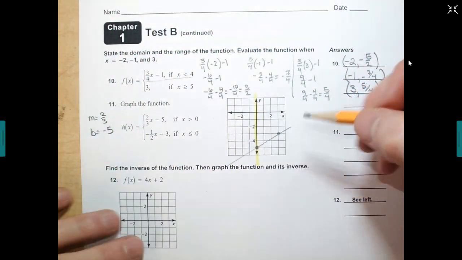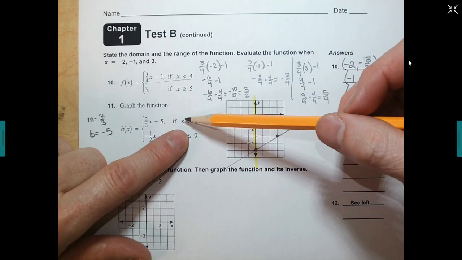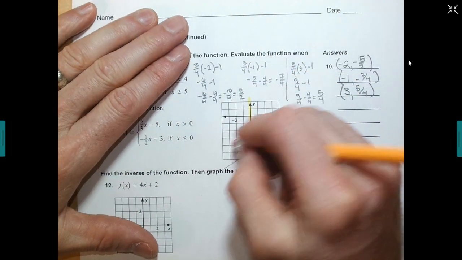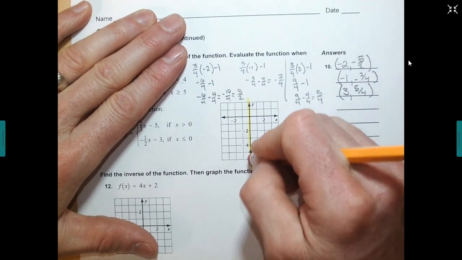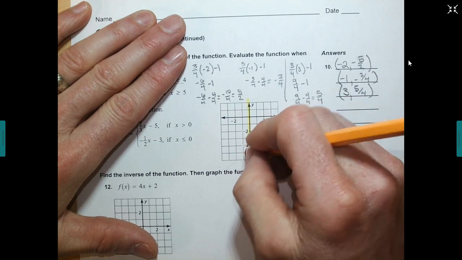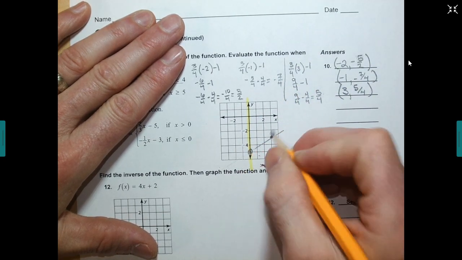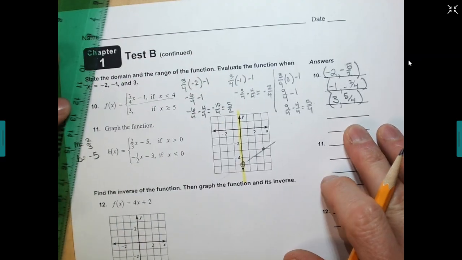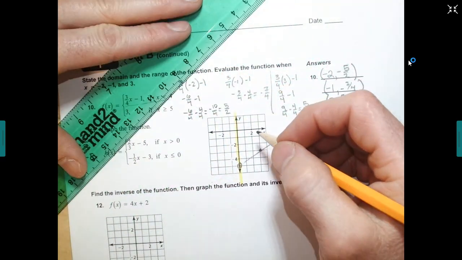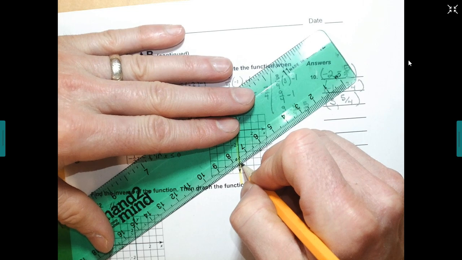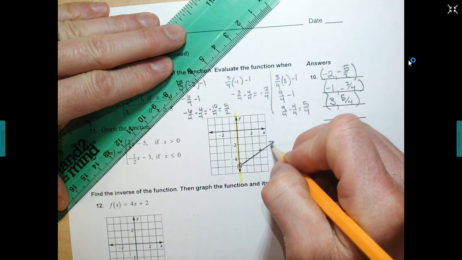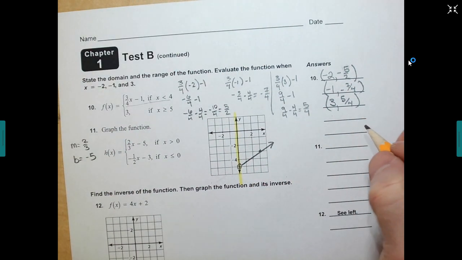If x is greater than 0, that means that this point is not filled in. So I have an open circle. And if it's greater than 0, we go like this. So there's one of them.